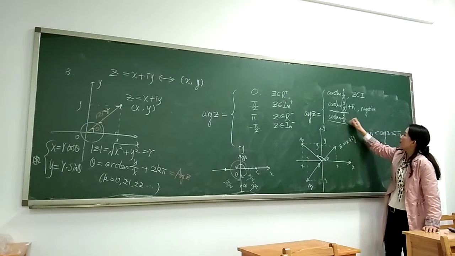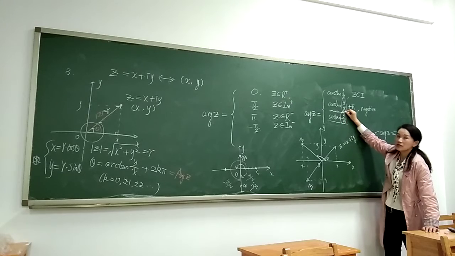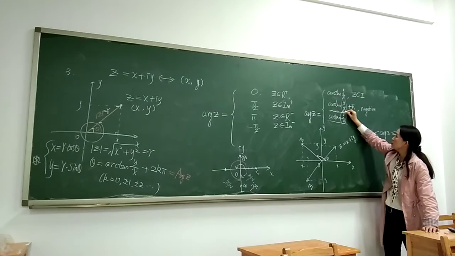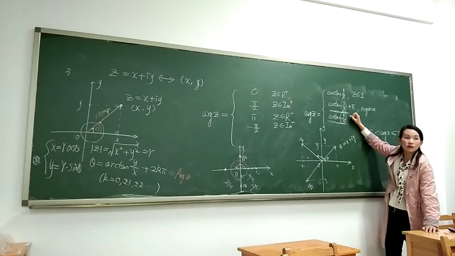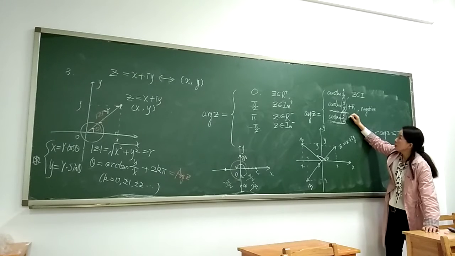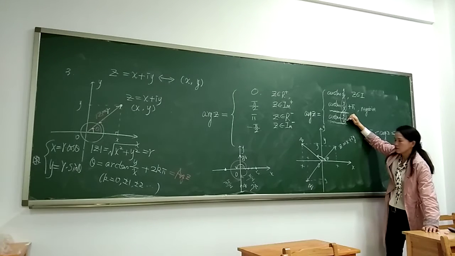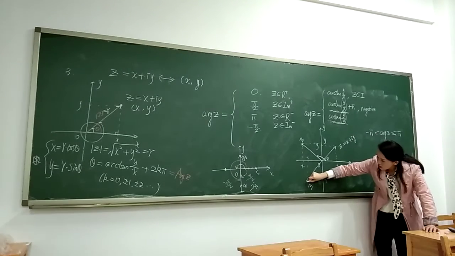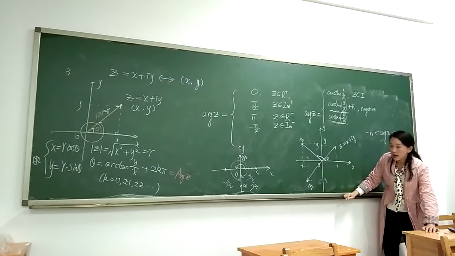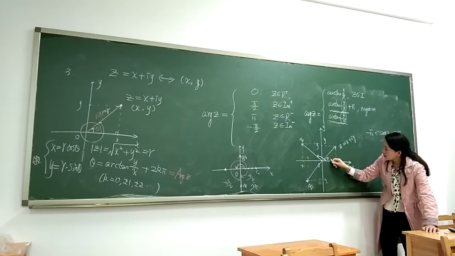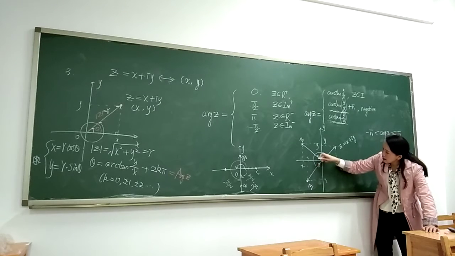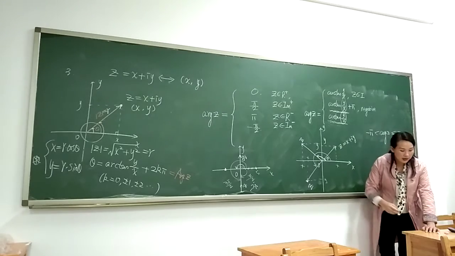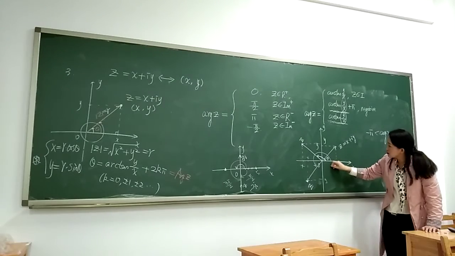So y over x is positive. If this is positive, so this angle is also positive. This is not right. Because if z is here, the angle maybe this angle, maybe this angle.